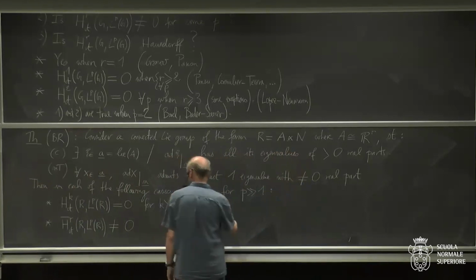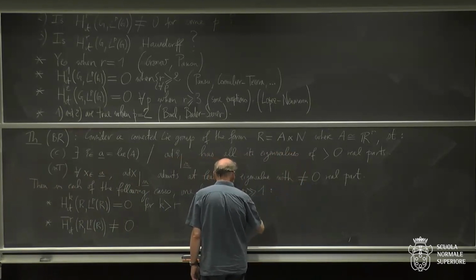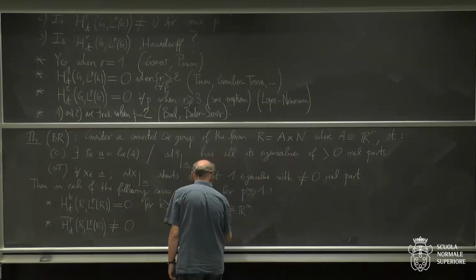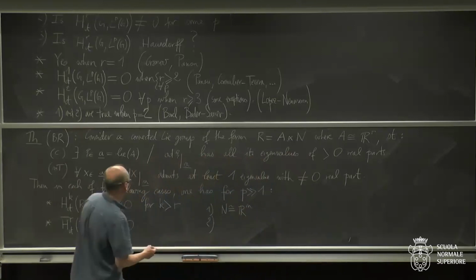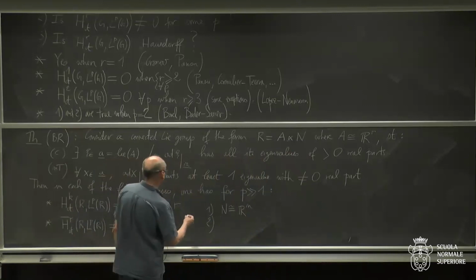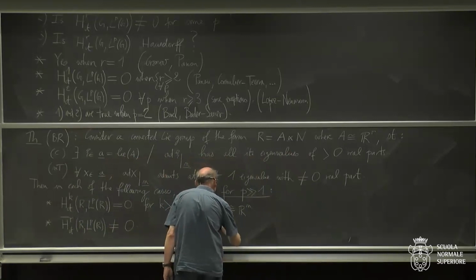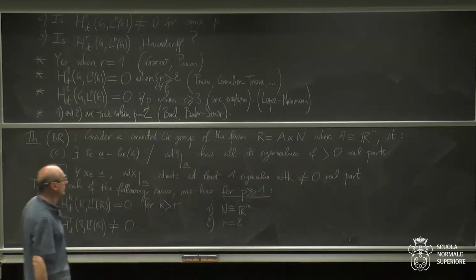First, when N is isomorphic to R^n, which means that N is abelian. In the second case, we prove this when the rank is equal to 2, so for this kind of group of rank 2.